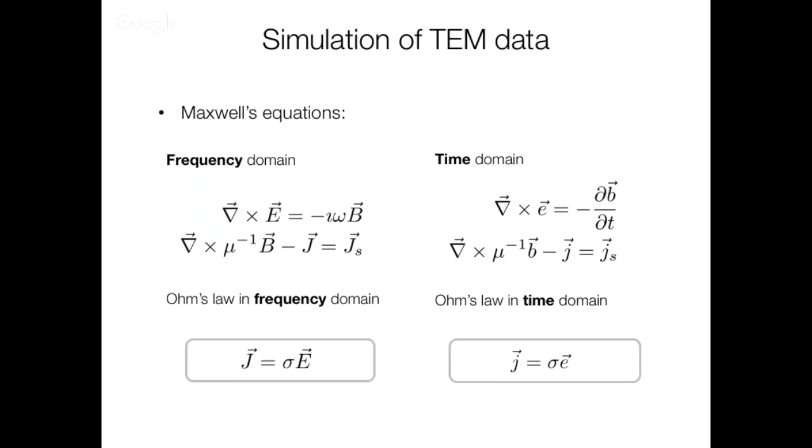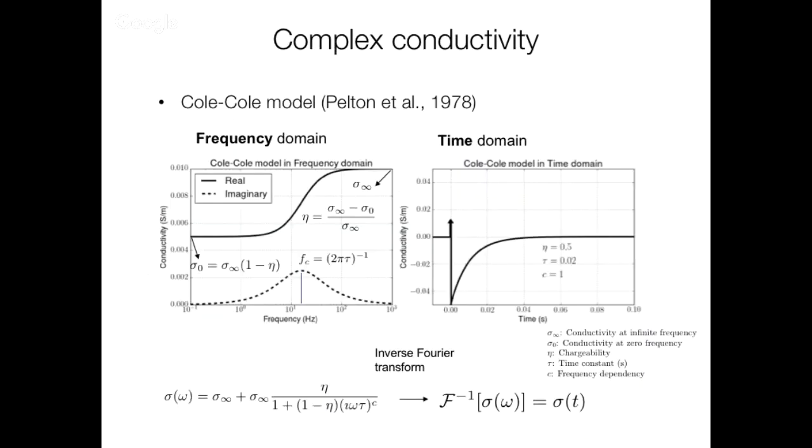For the TEM data, we can start with the frequency domain equations that look like this. If we've just got a standard conductivity, here's the frequency domain, here's the time domain, and the relationship between J and E is just given by a multiplicative factor in both cases.